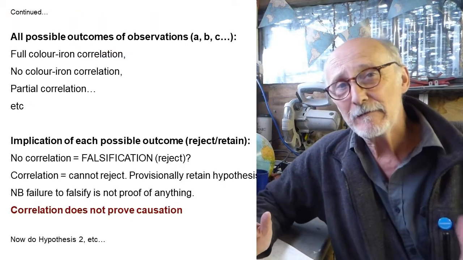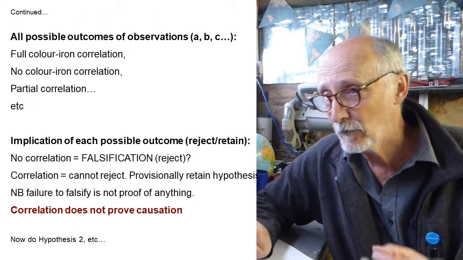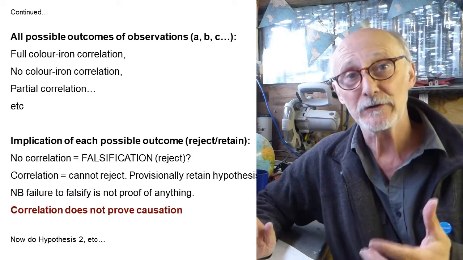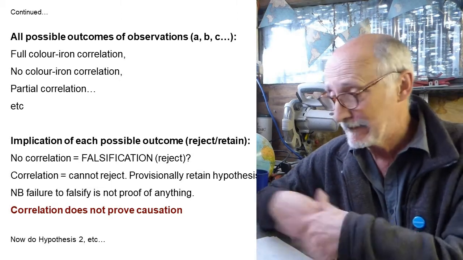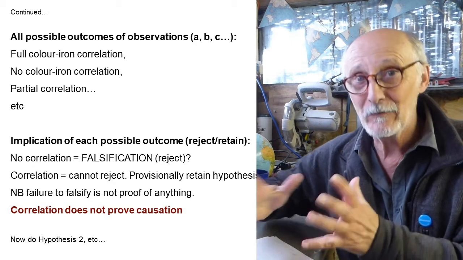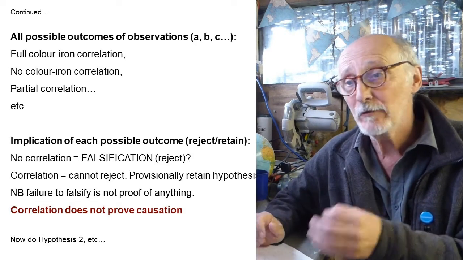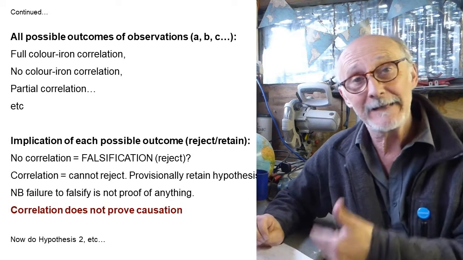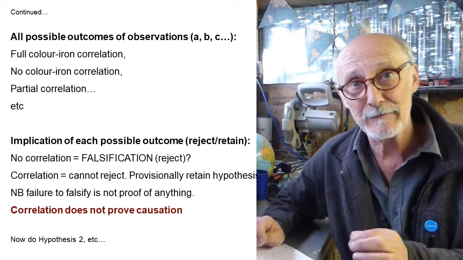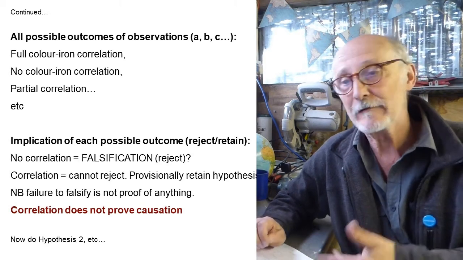For each of those possible outcomes, I have to think, well, what would be my conclusion if that was the outcome? If there was iron in all the soil, or iron in all the red soil but not in the black soil, what would I then infer? What would be the implication of that for my hypothesis that the redness is caused by the iron?